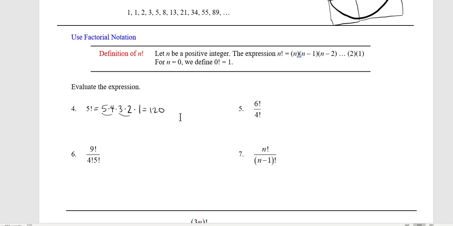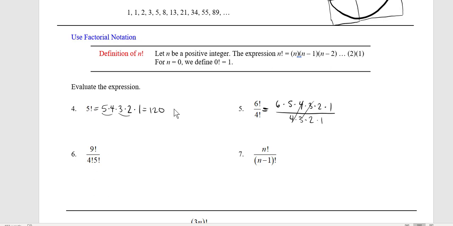And it turns out some expressions have some nice cancellation that occurs when you have factorials, like a quotient, 6 factorial over 4 factorial. Remember, 6 factorial is 6 times 5 times 4 times 3 times 2 times 1. 4 factorial is 4 times 3 times 2 times 1. Notice all this cancellation.